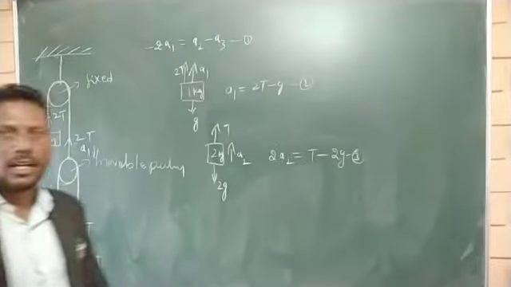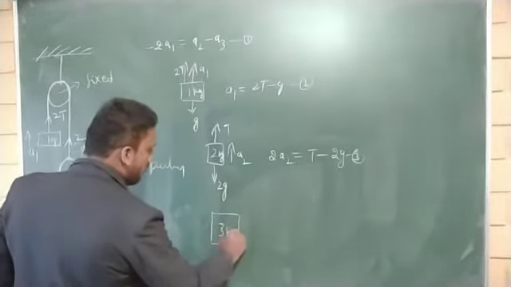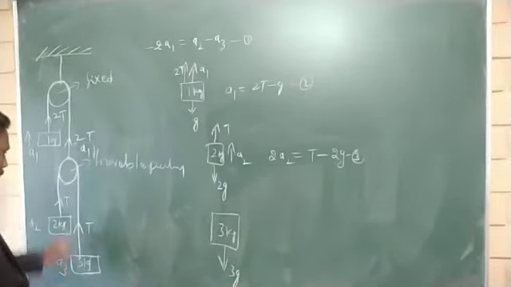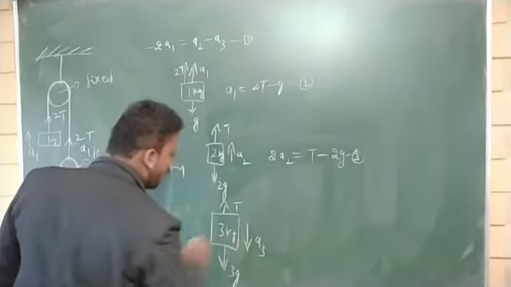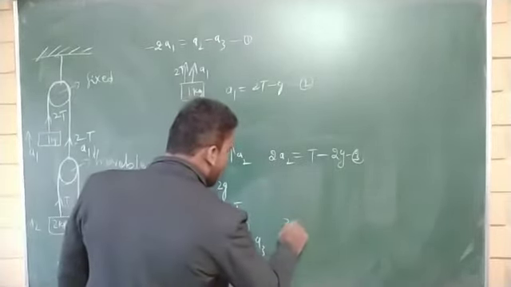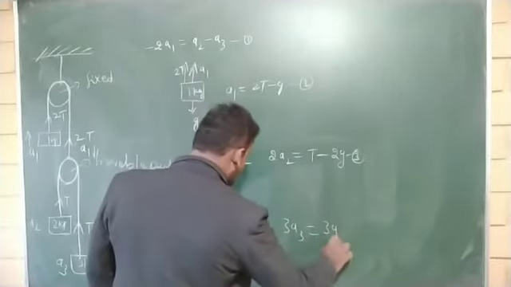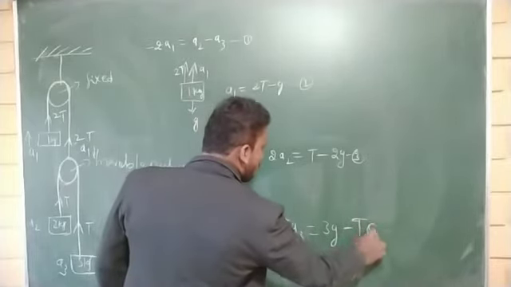For block 3 of mass 3 kg, 3g is in the downward direction, tension T is in the upward direction, and A3 is in the downward direction. Therefore, 3 into A3 is equal to 3g minus T. Call it equation number 4.